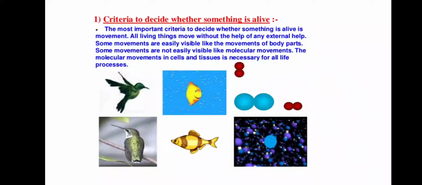For example, carbon dioxide, the plant takes it from the environment and sends it to the leaves. So basically there are some movements taking place. So the most important criteria to decide whether an entity is alive or not is decided by the movement, right? That particular movement can be visible to us or cannot be.